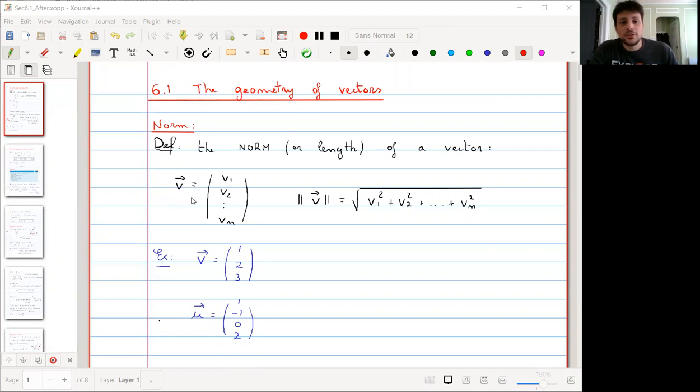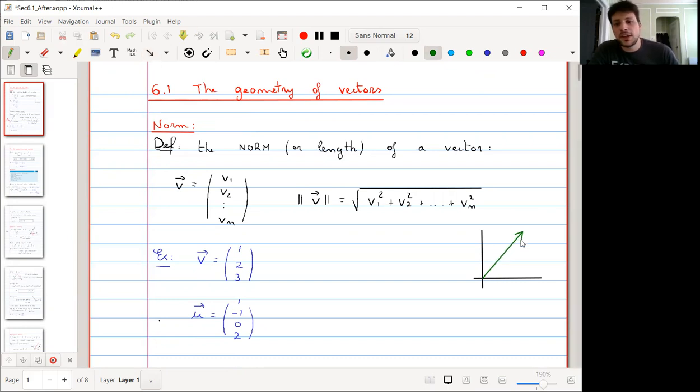If I have a vector v, with entries v1 through vn, then its length is given by the square root of v1 squared plus v2 squared plus dot dot dot plus vn squared. You may be familiar with this notion if you think about a vector in R2, and I take an arrow like so.